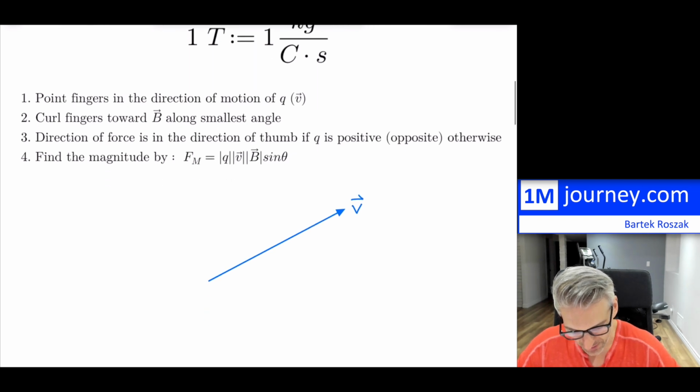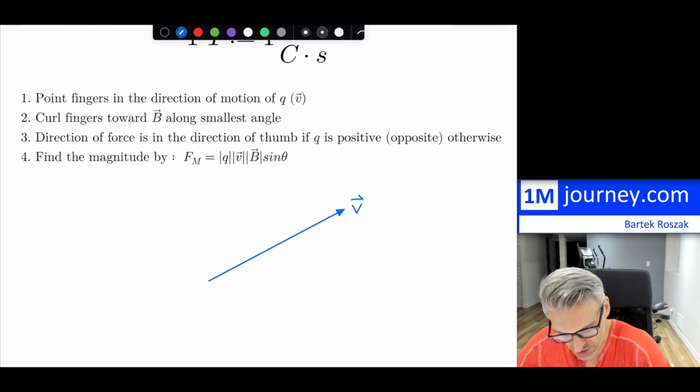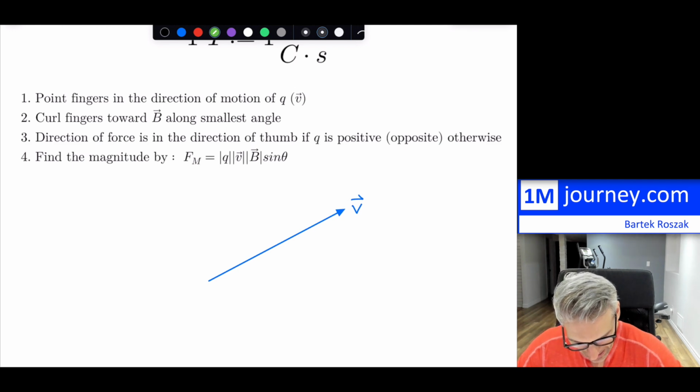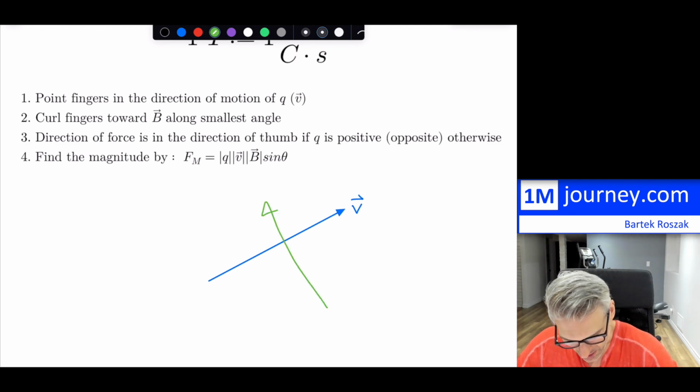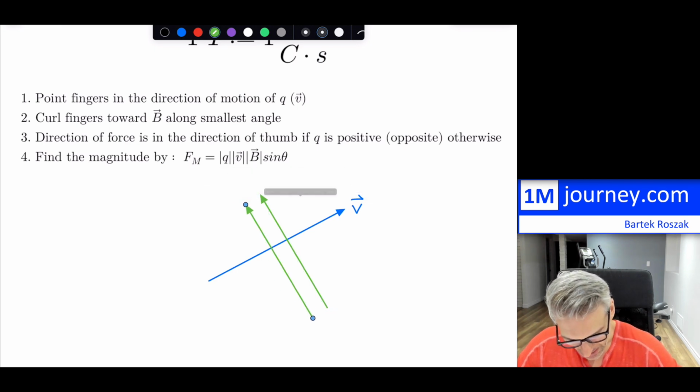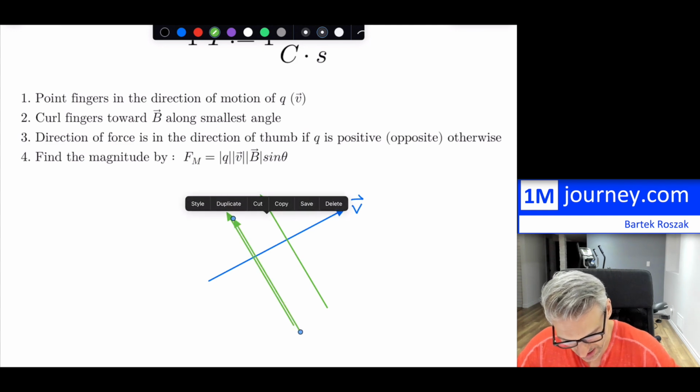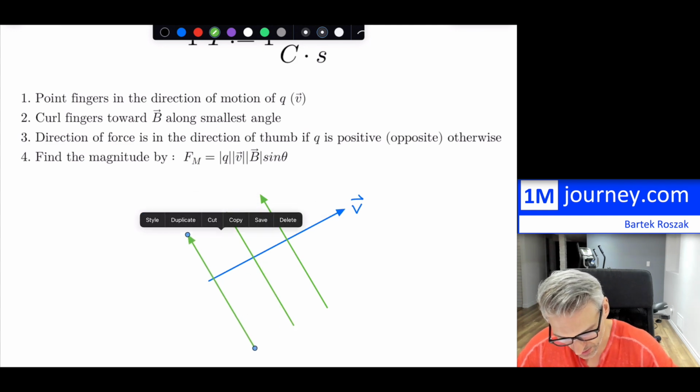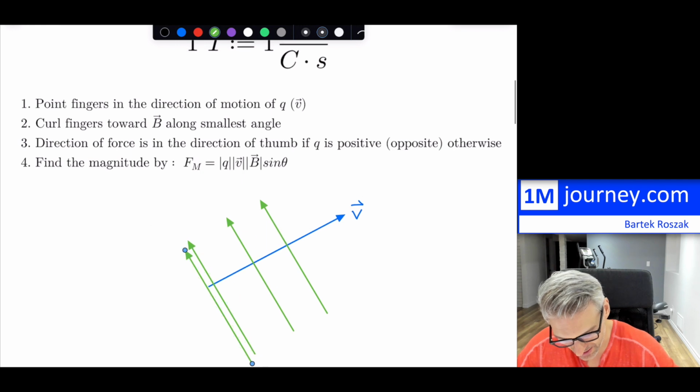Now, that magnetic field is going to be present, and I'm going to just duplicate it so that you can see that this magnetic field is present everywhere as this charge is going through.